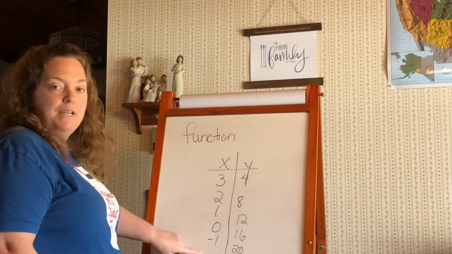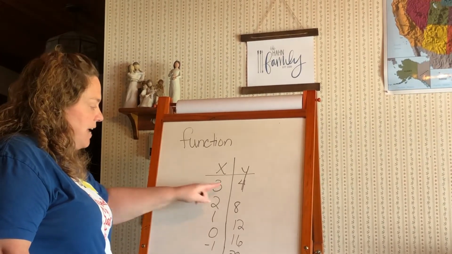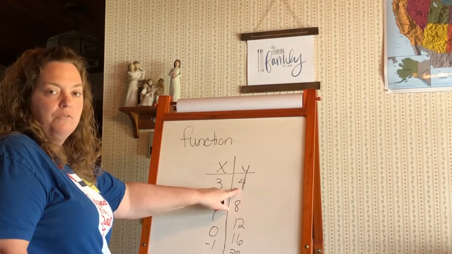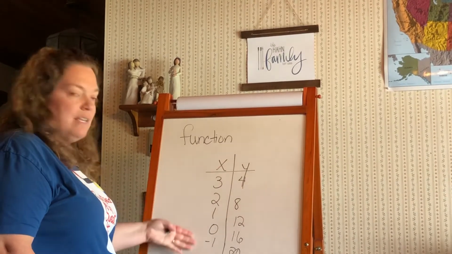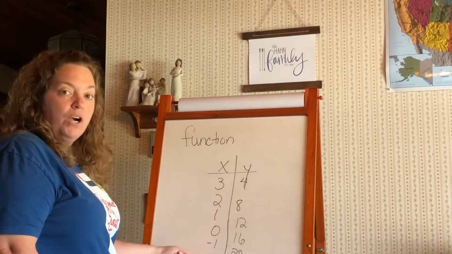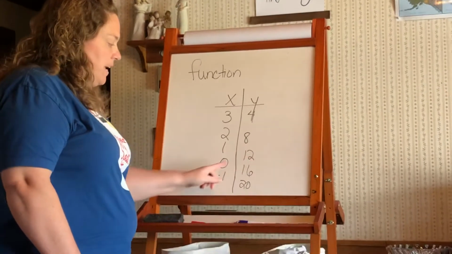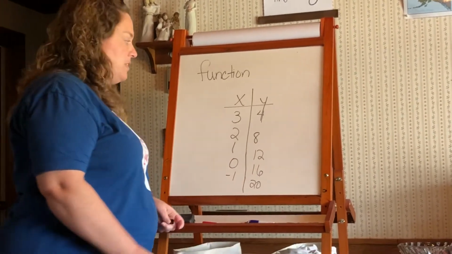In here, none of my x values are repeated. Every value of x has just one answer for y. This is an example of a function. None of my x values are repeated. They each have one specific value of y that matches them.